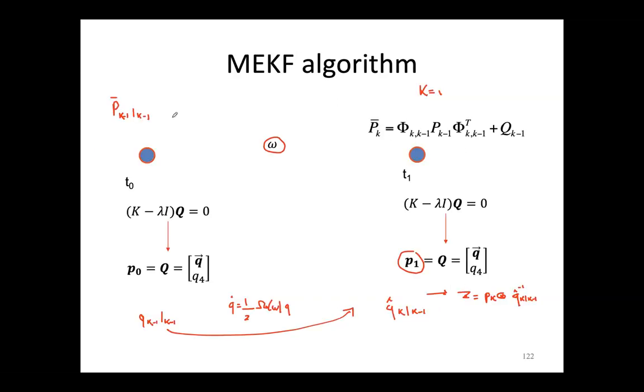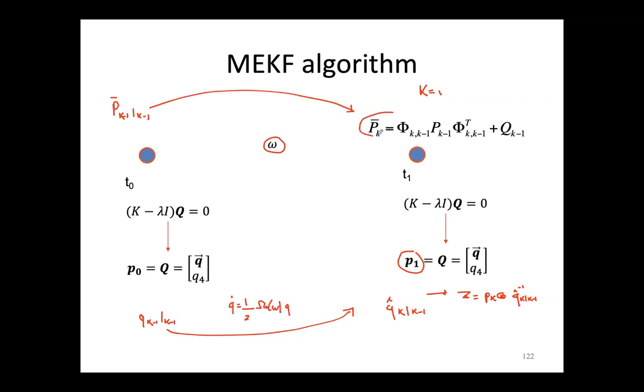So for example, at the initial time t0, you have this estimation of p. You need to propagate this one by using this equation, so by using the transition matrix and the process noise that we are still assuming is known. So you propagate the quaternion on one side, and the covariance matrix on the other.